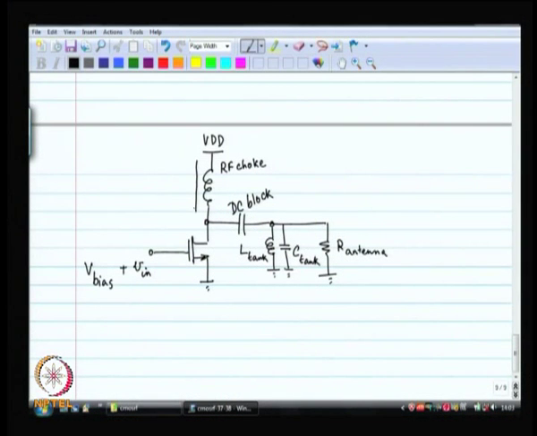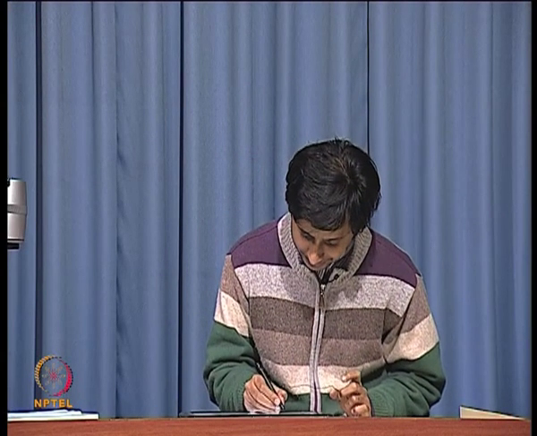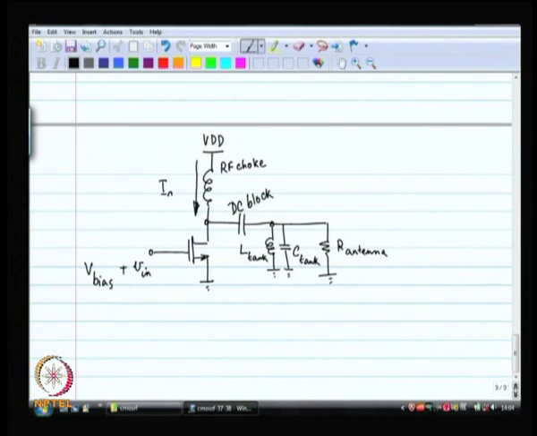So, the current coming from the RF choke is like a constant current, no matter what mode of operation you are looking at, A, B, C, whatever, it does not matter. The current through that RF choke is a constant current. Let us call that current I average. Why I am calling it I average, we will very soon find out.